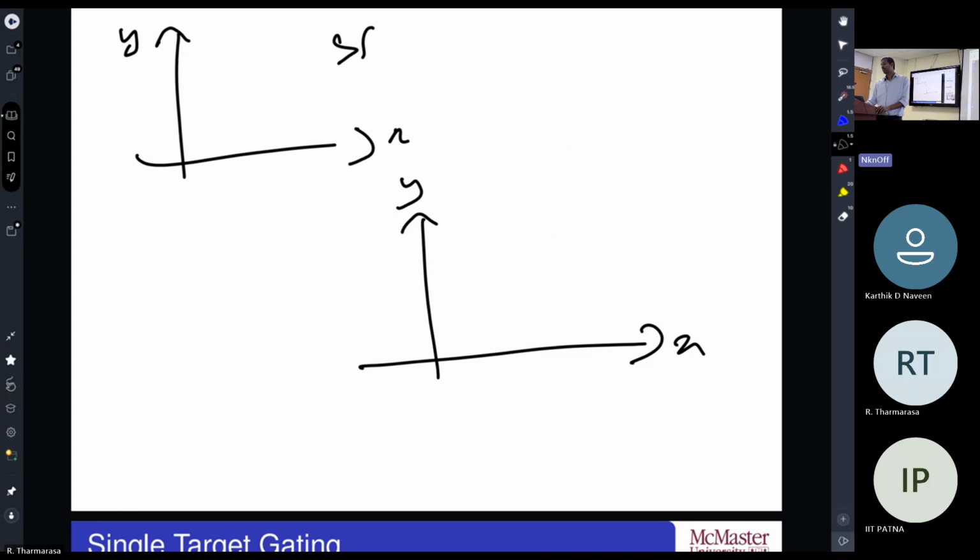Can I say both are in the state space? That's right. That's what you are saying, right? Innovation is done in x and y coordinates.